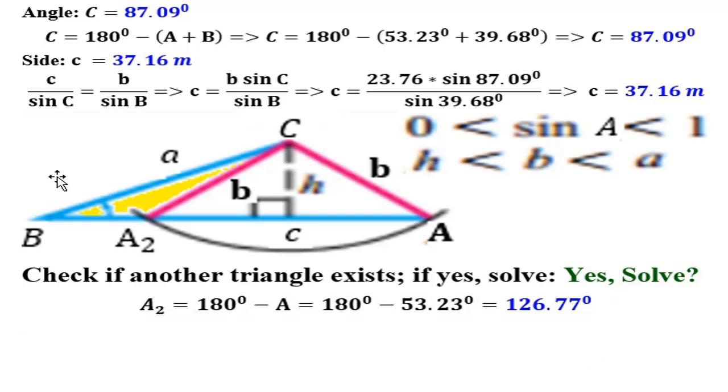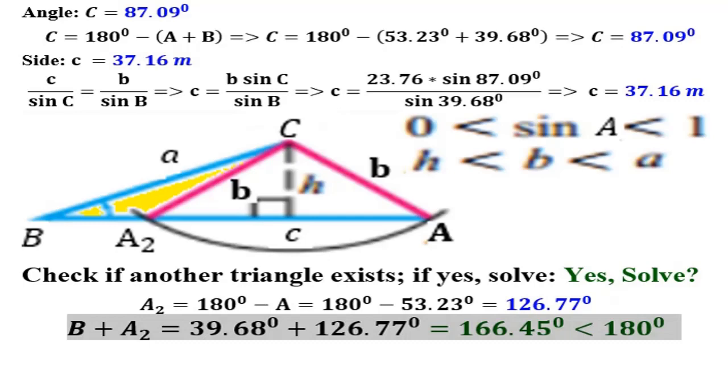To check whether the other triangle exists or not, we need to add A2 to the given B. So B was given at 39.68 degree, then we need to add A2 to that.